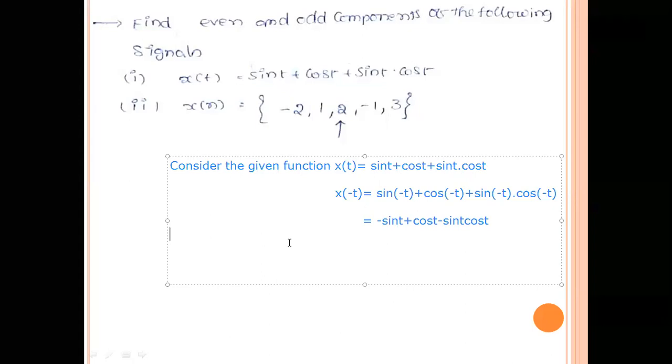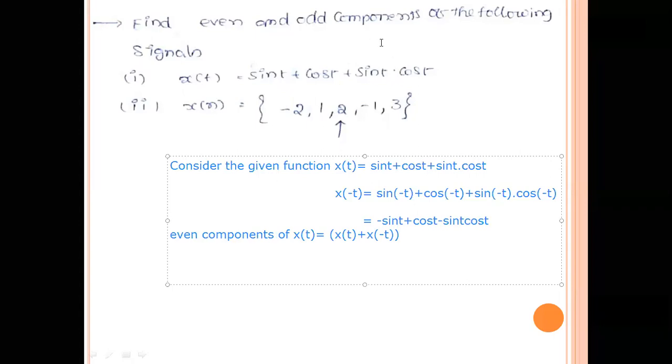Now we have the information regarding both x of t and x of minus t. Now see, the even component of x of t can be determined by taking x of t plus x of minus t, divided by 2.